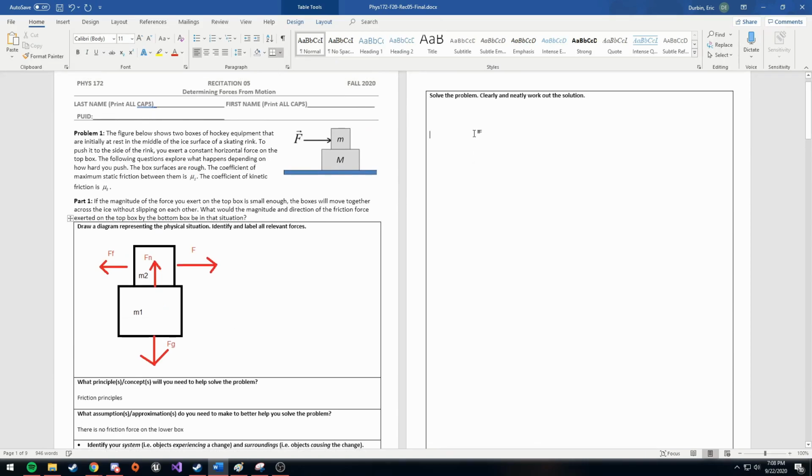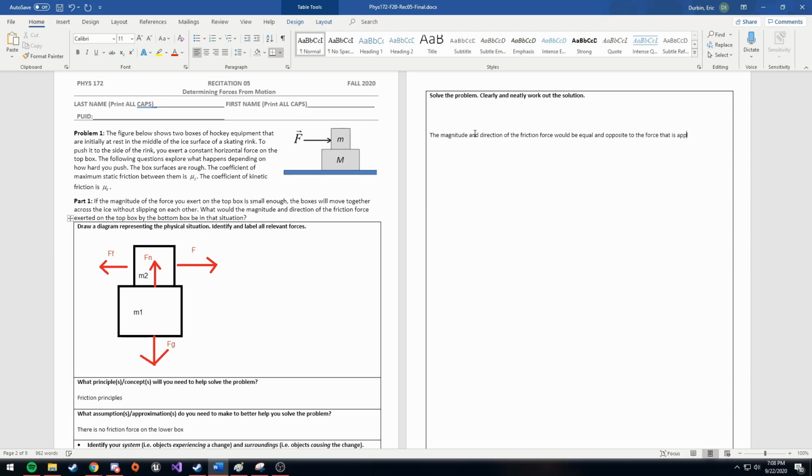Let's go. And then for solve the problem, the magnitude and direction of the friction force would be what, equal and opposite to the force that you apply?